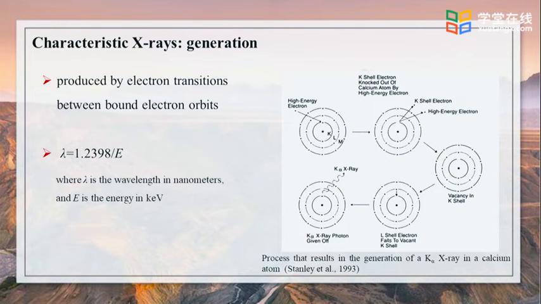The energy and the wavelength of the X-ray produced are characteristic of the element and are related by the equation lambda equals 1.2398 over E, where lambda is the wavelength in nanometers and E is the energy in 1,000 electron volts.